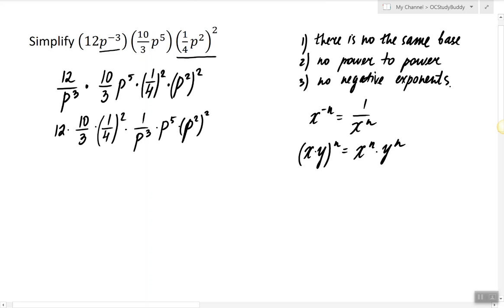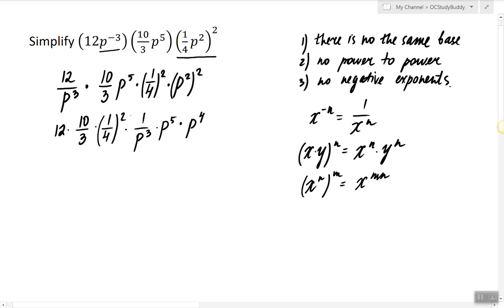And now we can use the following rule to get rid of this power to the power in the expression. So that means instead of p squared raised to the power 2, we can write p to the power 4.